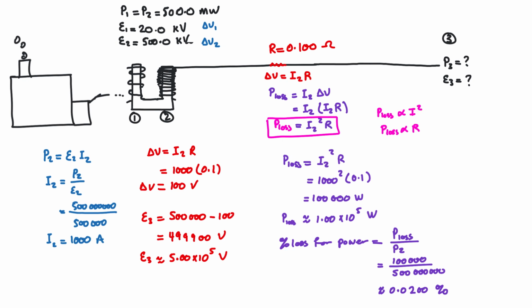But if current changes, this is going to change by a factor squared. So if current increases by 2, this is going to increase by 4. If this changes by 3, this is going to change by 9, or 3 squared. So keep that in mind. You want to keep lower current in order to reduce your power loss in any situation.